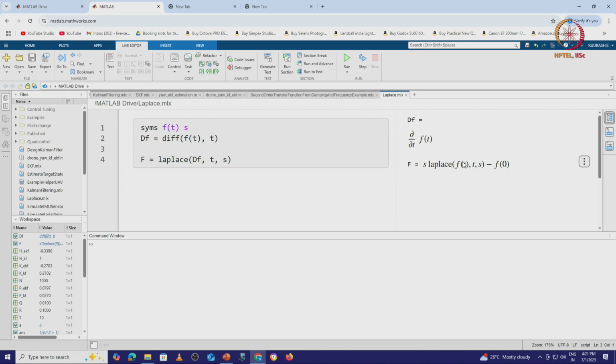Then it becomes F(s). So, capital F is equal to s F(s) minus f(0), okay. Fine.